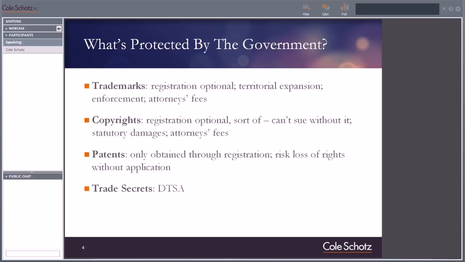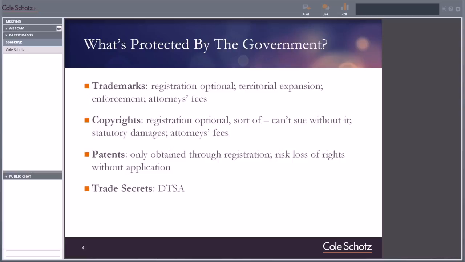Patents, generally speaking, you're going to want to consult with an attorney for a whole host of reasons, including the cost of filing fees. That in and of itself makes it worth speaking to an attorney before you go ahead with the filing. And just a quick note on trade secrets before we move on to the next topic. There's no registration mechanism for trade secrets, but there is statutory protection, which does help when you're pursuing claims.